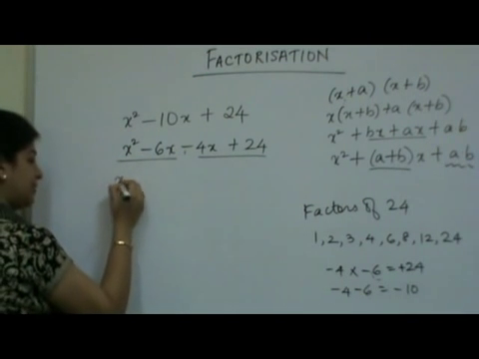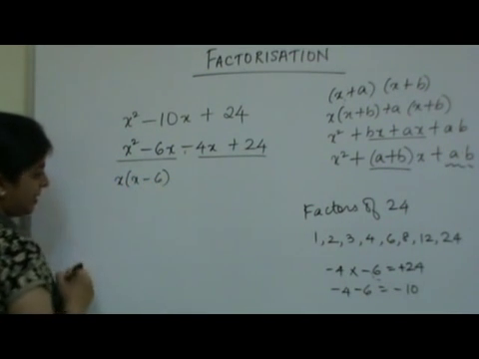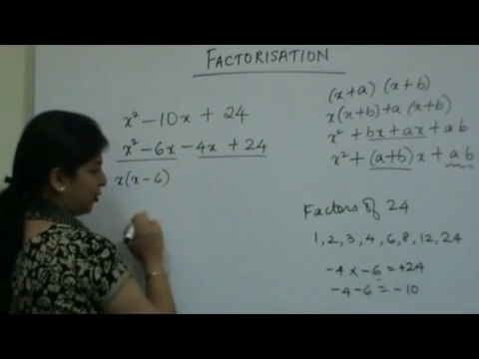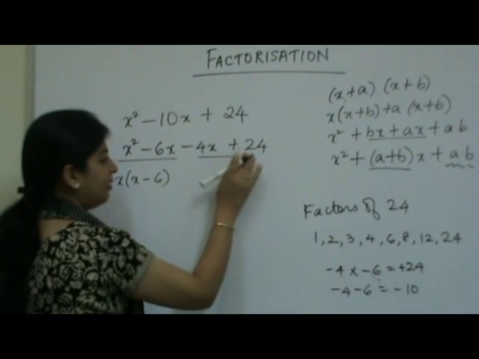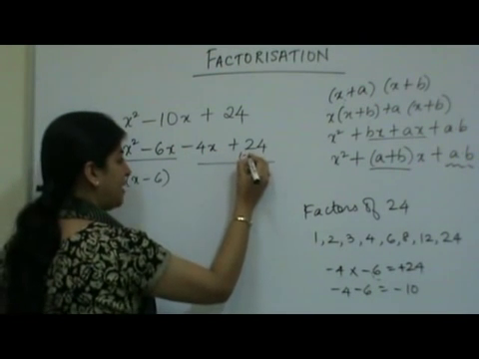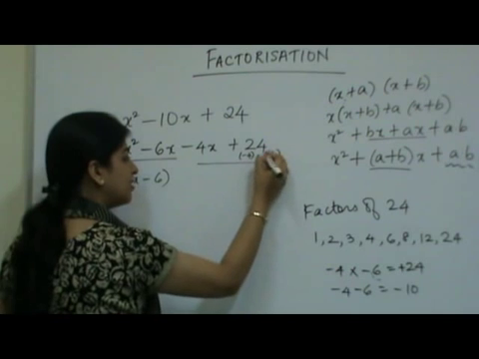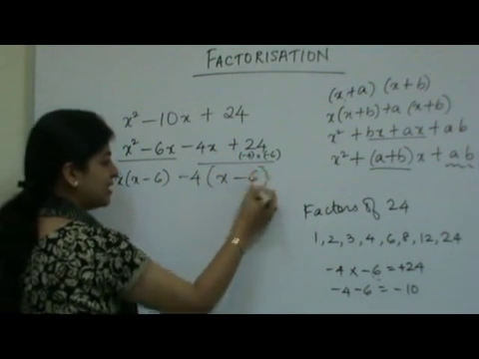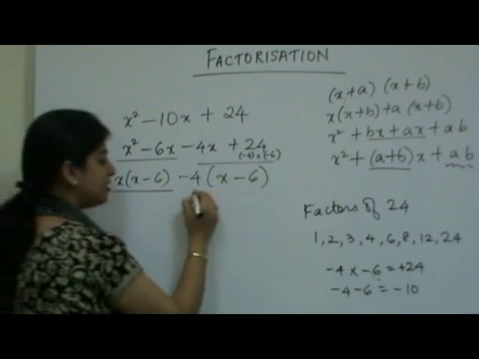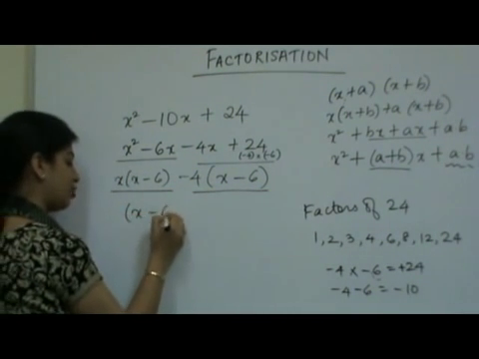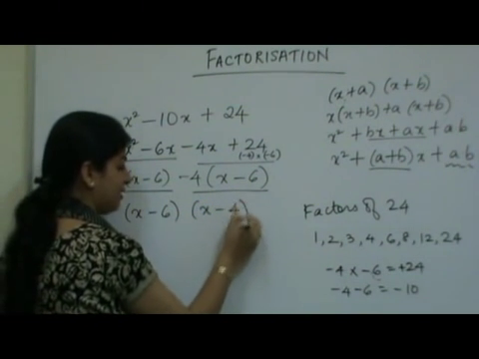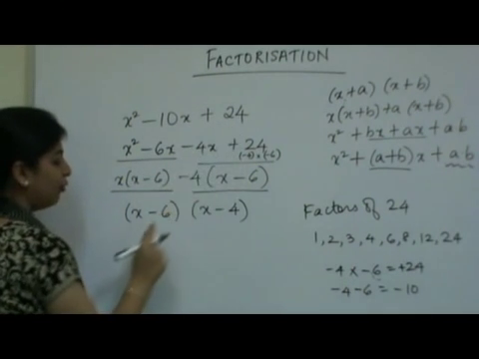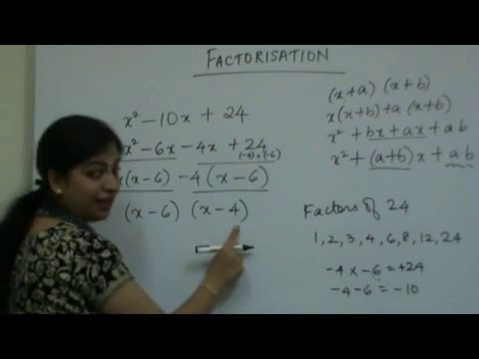In the first part, x comes out common, x minus 6 is left behind. In the second part, we have minus 4x and plus 24. Now plus 24 is nothing but a product of minus 4 into minus 6. So if minus 4 comes out common, x minus 6 is left behind. Now in this term and this term, x minus 6 is common and x minus 4 is left behind. So the two factors of x squared minus 10x plus 24 will be x minus 6 into x minus 4.